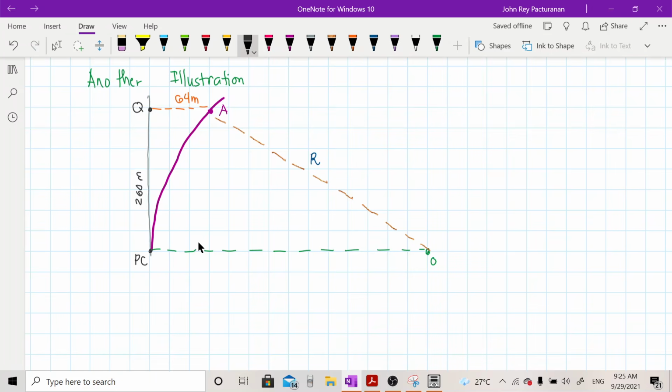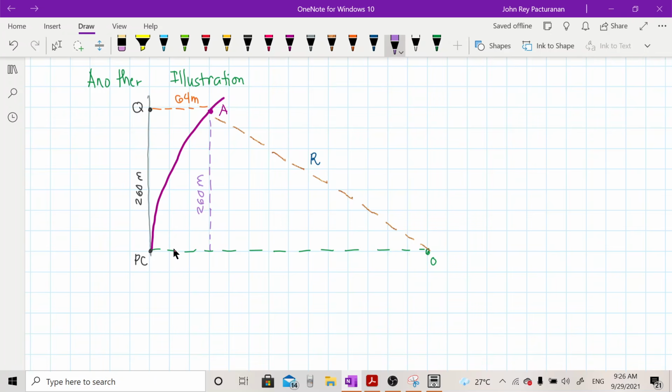Okay? So, the question here is, paano ko masosolve yung radius using this illustration? Well, class, simple lang. Ang gawin nyo, putulin nyo dito yung ating figure. So, this will be R. Sigurado ko R yan. At the same time, alam ko na 260 meters ito, kasi this is simply a rectangle. Tama ba? Yes, that will be 260 meters.